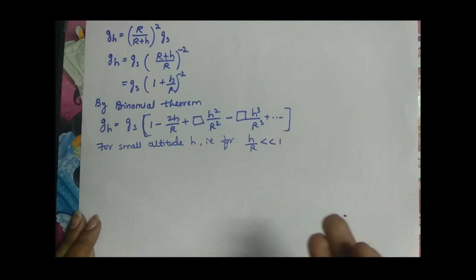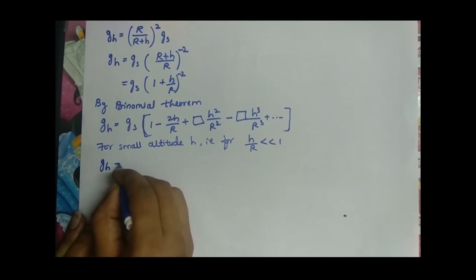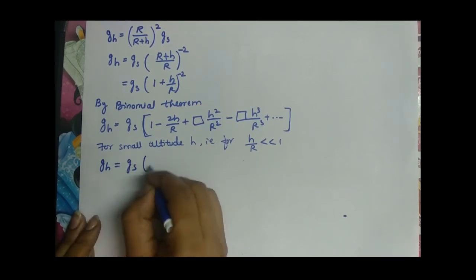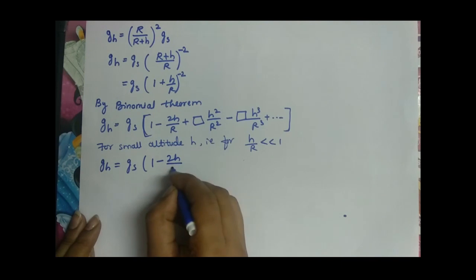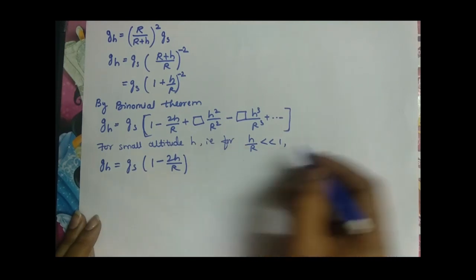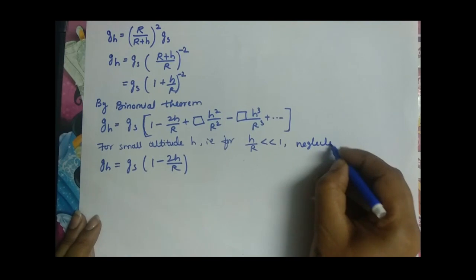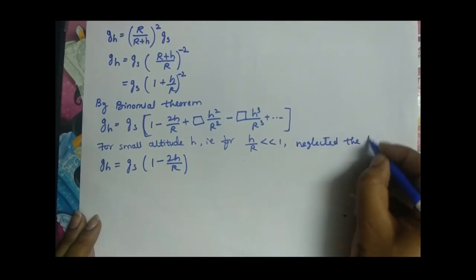There is no benefit of taking such higher terms. So what will be the final expression? If you neglect the higher terms, you will get 1 minus 2h by r. So in this case, you have neglected the higher terms.